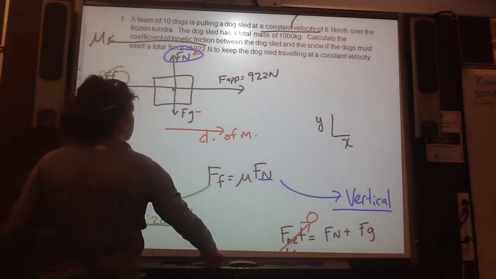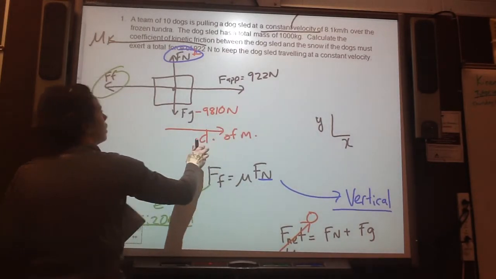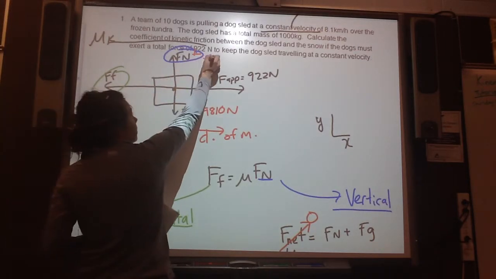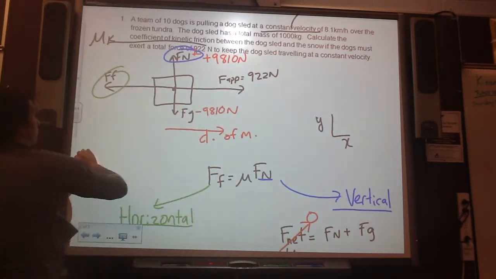So I'm going to put that here, 9,810 newtons. So what must my Fn be then? It needs to be positive, so now it's positive 9,810 newtons.